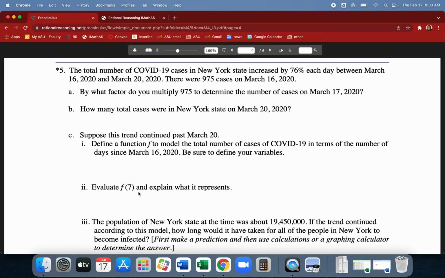This isn't saying 7 weeks is 1 day, but in terms of this relationship here, the number of days divided by 7 gives us a number of weeks. Or the variable D is the same as 7W.